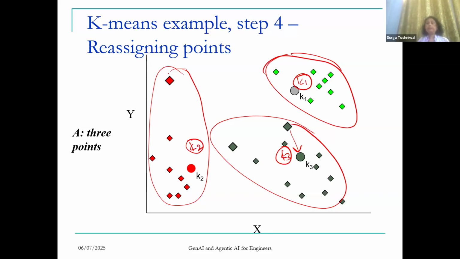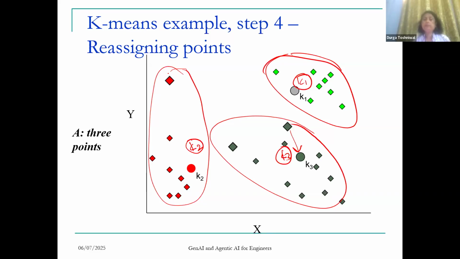So the stop criterion will be that substantially the points will not move across clusters, or if we have decided some cap on the number of iterations, then after that many iterations, we'll have to stop. It is important to point out that if there are a large number of points, say some 1 million points, then the iterations it may take to converge the clusters can be extremely high, and it can be very compute intensive also.